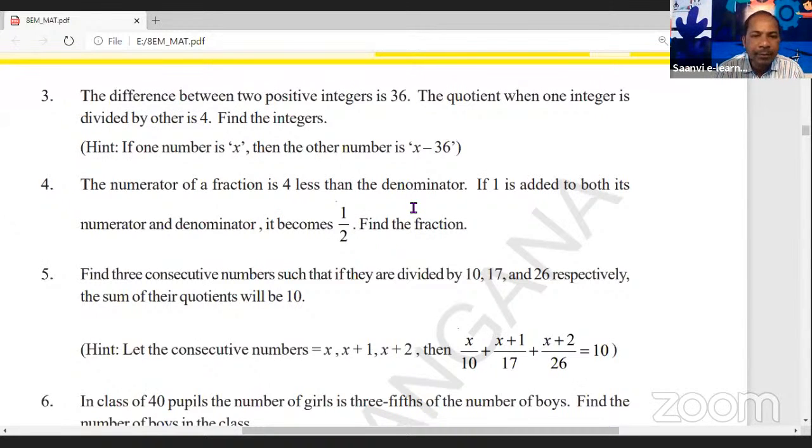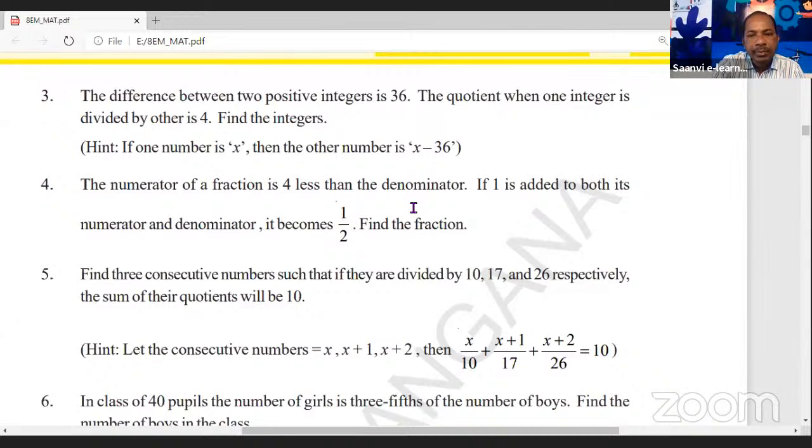The numerator of a fraction is 4 less than the denominator. So here he is asking about a fraction. In a fraction we know there is a numerator and a denominator. If 1 is added to both its numerator and denominator, it becomes 1 by 2. Find the fraction.